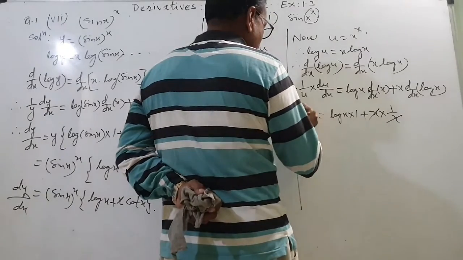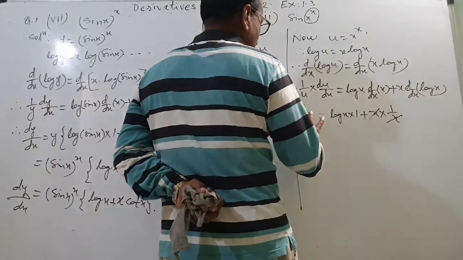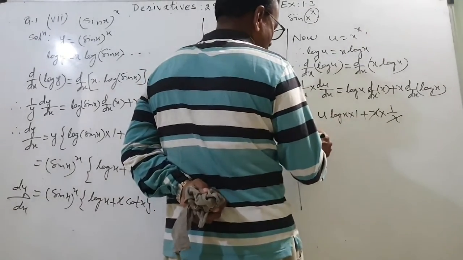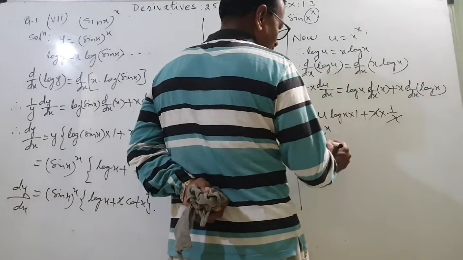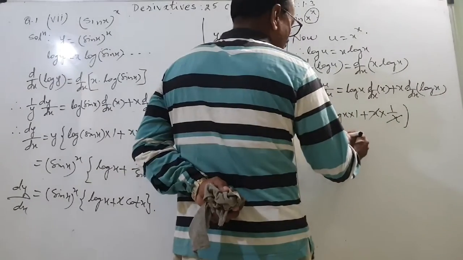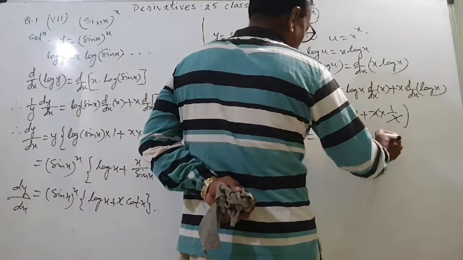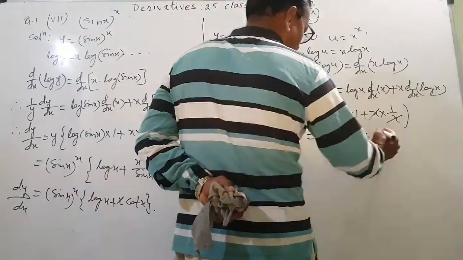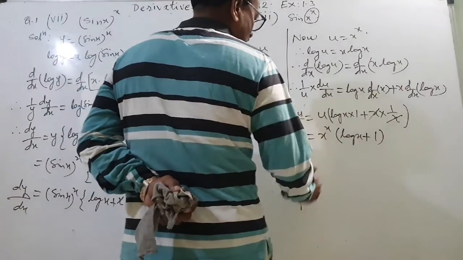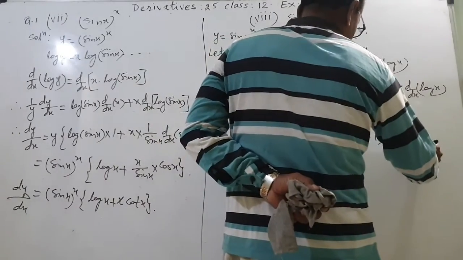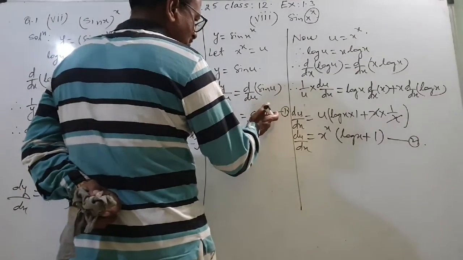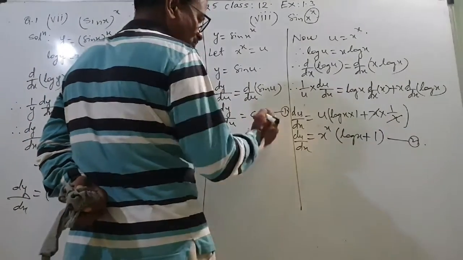Therefore du by dx is equal to u, and u is nothing but x raised to x, into the bracket log x plus 1. This is your du by dx. This is your 2, and this is your 1. Or otherwise I will put the values and then write 1 and 2.